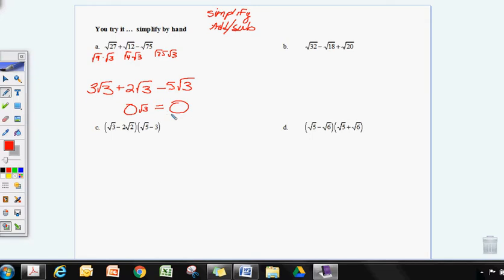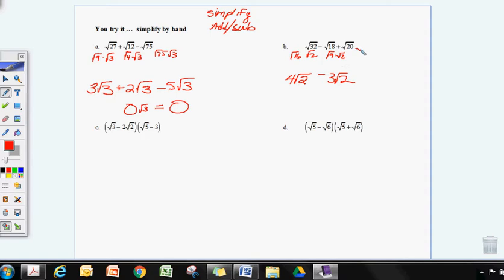Okay, so taking a look at B. For 32, I see that as the square root of 16 times the square root of 2. And I'm going back to my chart if I need to figure out what the largest square root is that would go into it. That's 4 square roots of 2. For 18, I got square root of 9 times square root of 2. That would give me minus 3 square roots of 2.